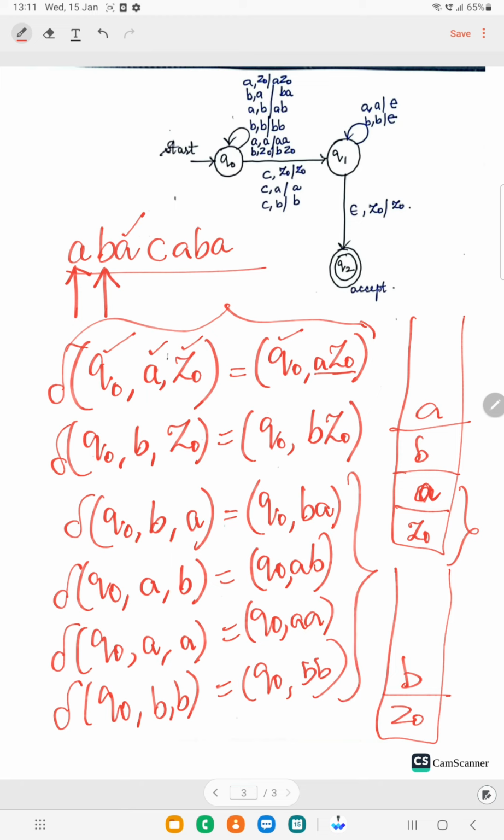Because it has to work for all possible valid strings, not only with respect to this example string which we have considered. Now from q naught, apart from these transitions, a on Z naught, a on b, all we have written.